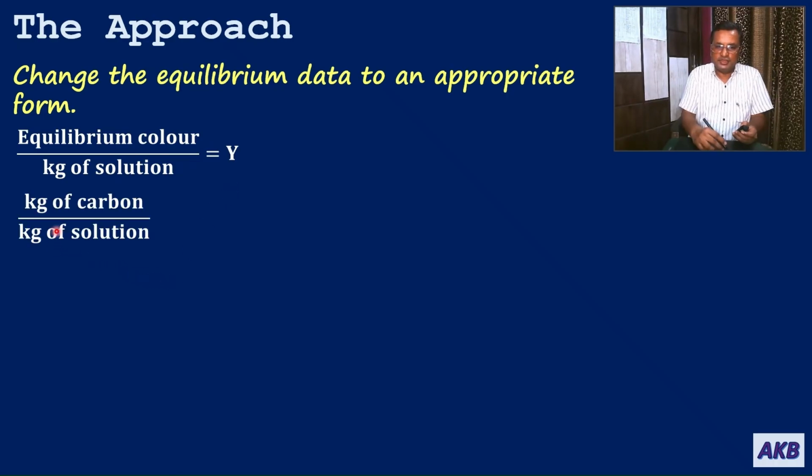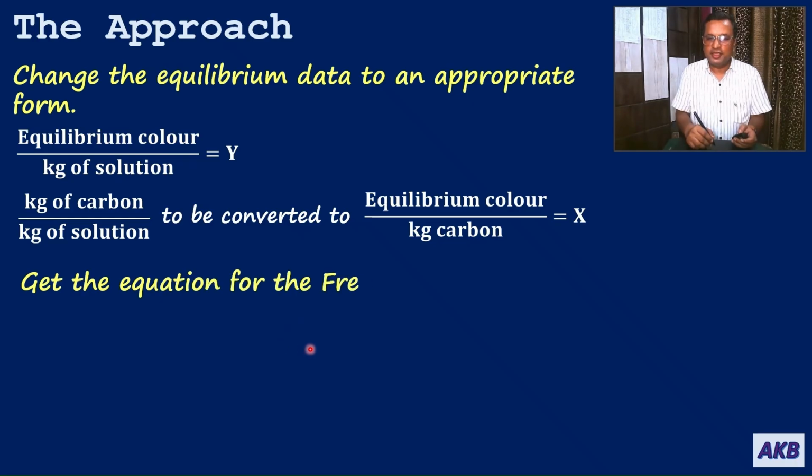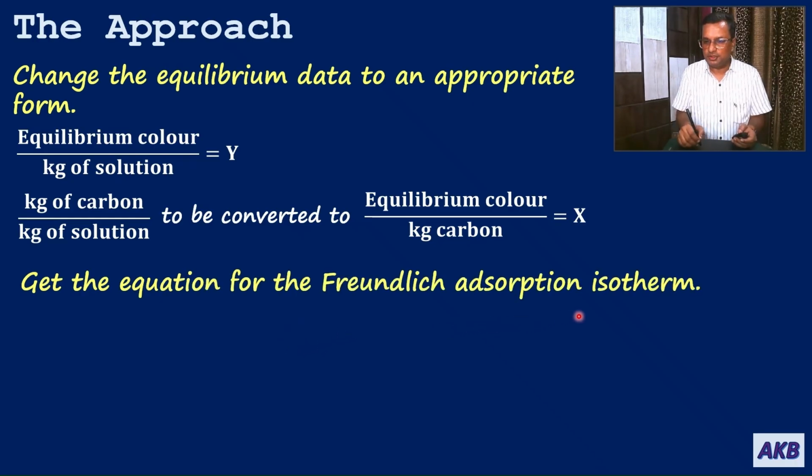And then the other quantity, which is kg of carbon per kg of solution, we will have to convert to equilibrium color per kg carbon, which is nothing but capital X. So in this way, we will change the given equilibrium data into an appropriate form. Then get the equation for the Freundlich adsorption isotherm. So capital Y is equal to m into capital X raised to n.